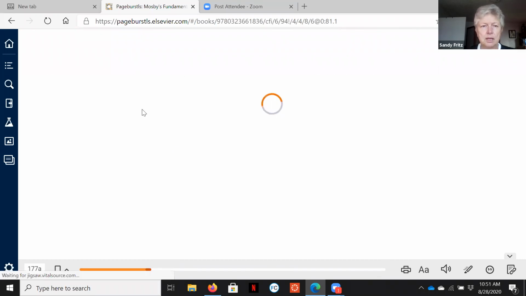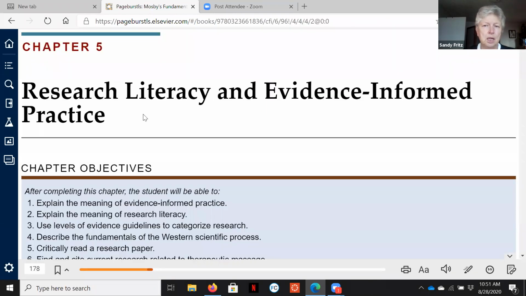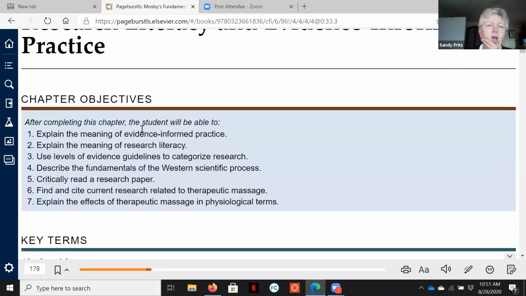So let's look at this research chapter, chapter 1. This is an interesting chapter. It's divided into sections, just like all the chapters are in the textbook. And it's a process. This is a process chapter.